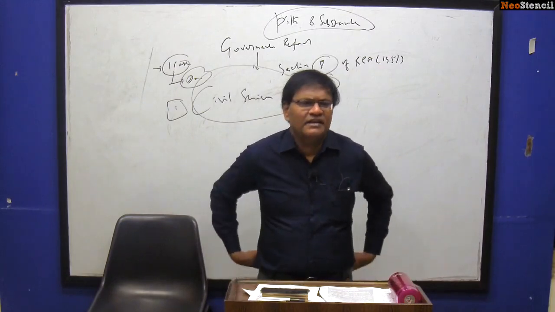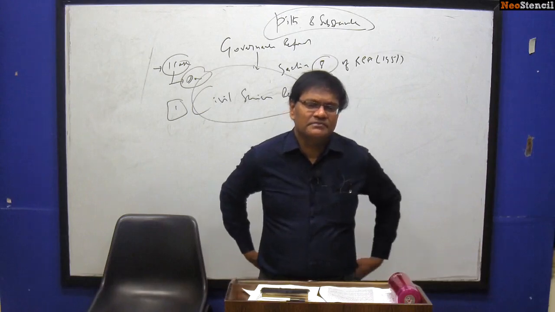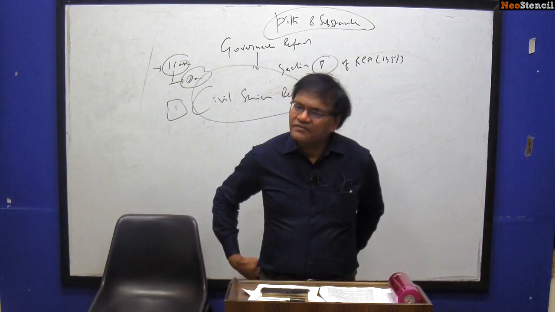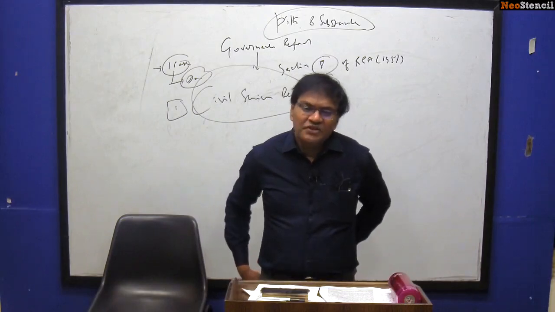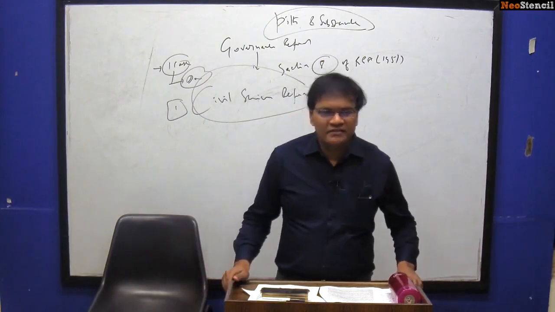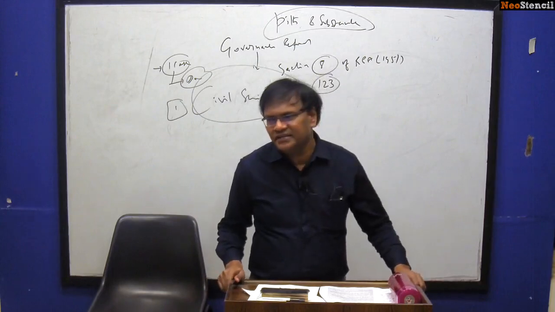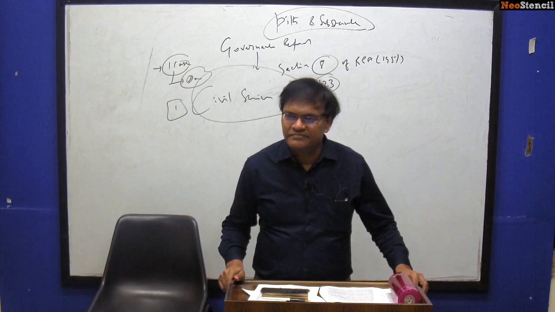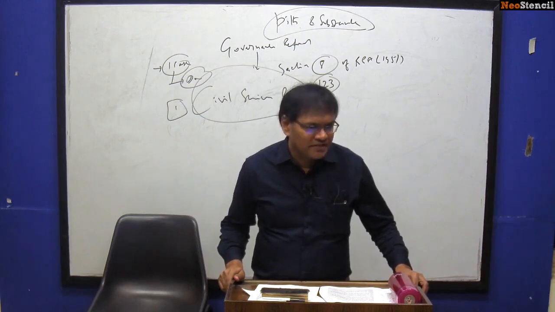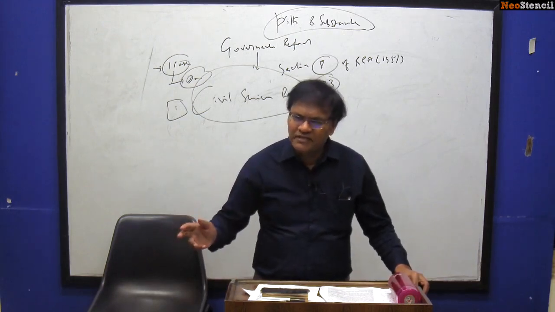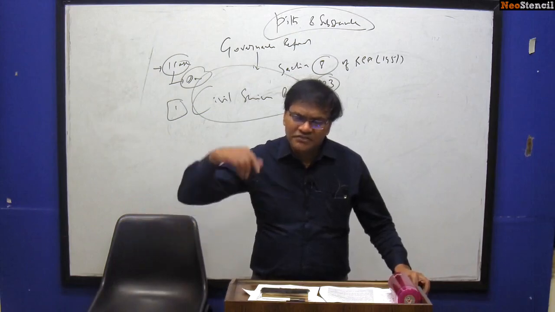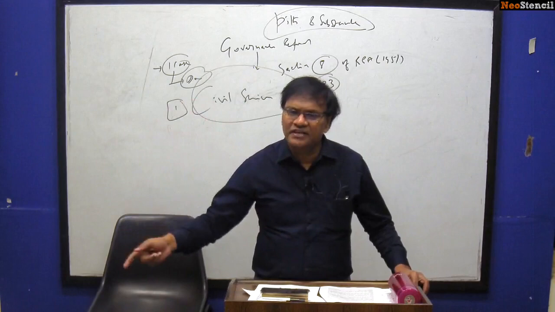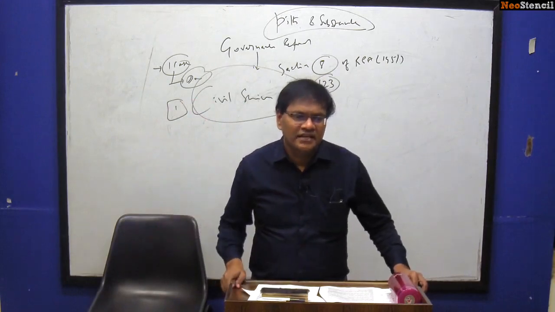When our executive and legislature had become inactive due to the compulsions of coalition government, the judiciary entered into the space vacated by the legislature and executive, resulting in judicial activism. Judiciary started legislating on behalf of the legislature and executing on behalf of the executive also.